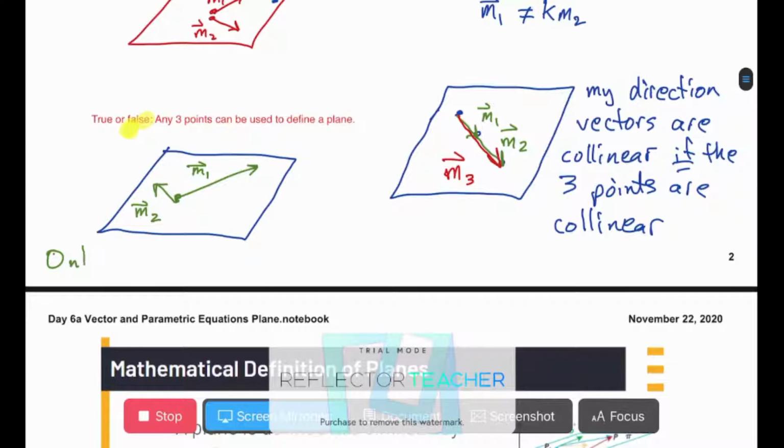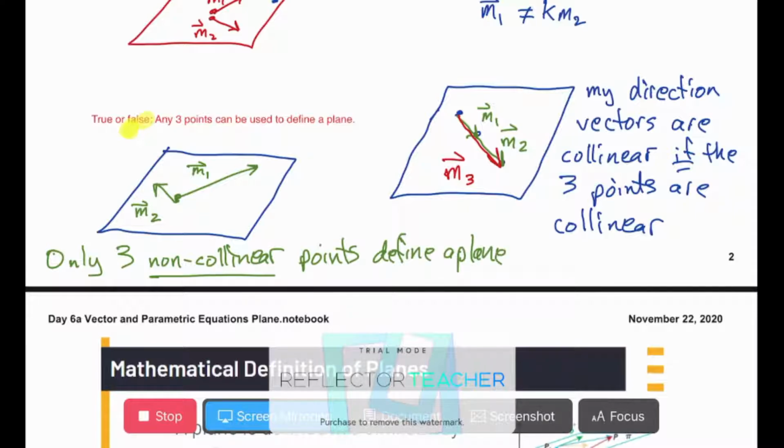We'll notice that only 3 non-collinear points define a plane. And I noticed technically I only drew 1 point on there, so let me indicate the points, not just the vectors, since that is the main focus of our discussion at the moment.